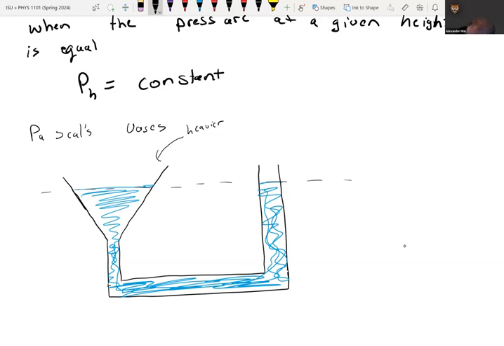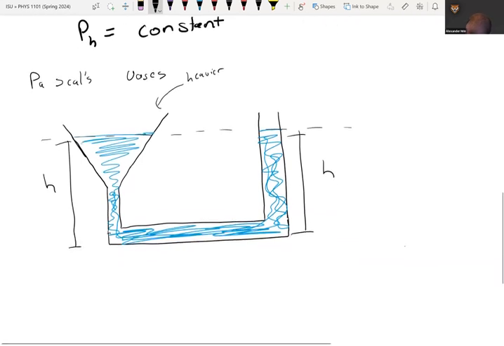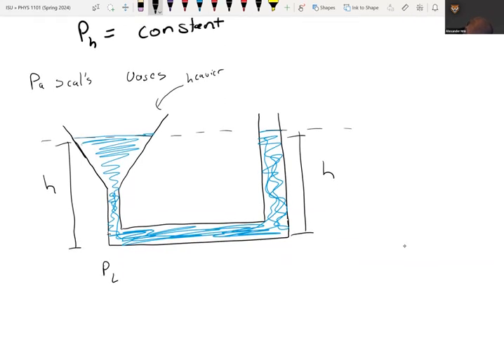So basically, we'd have H and we'd have H, and the pressure on the left equals the pressure on the right because it's the same fluid. Density is the same, g is the same because it's the same planet, and your height is the same.